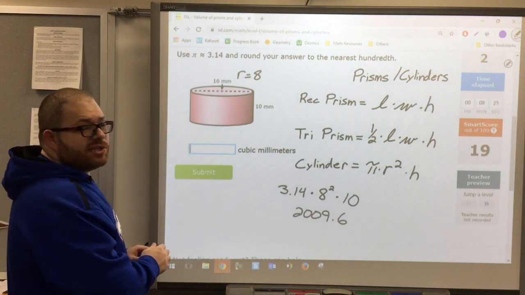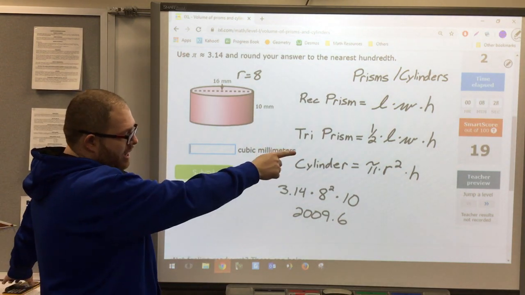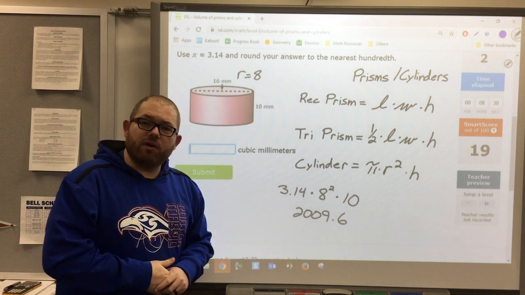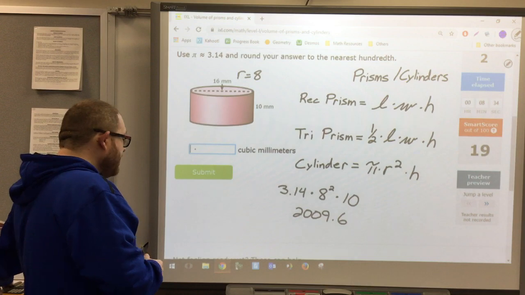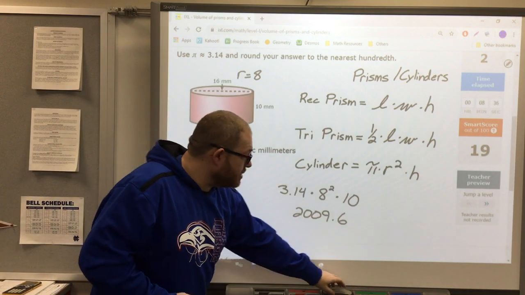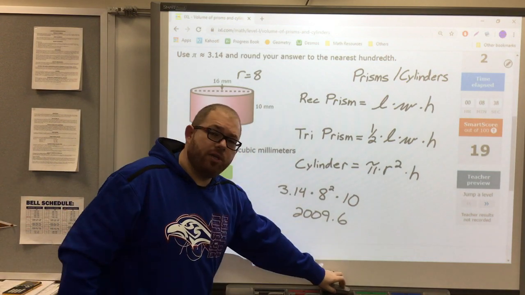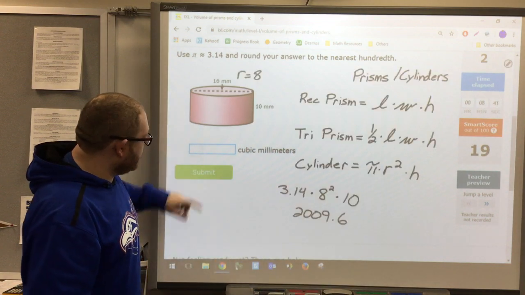So we are currently sitting at a score of 19. I'm going to type in the answer of 2009.6 just so we can verify that our answer has in fact improved. And once we do that, we'll be done for the section.